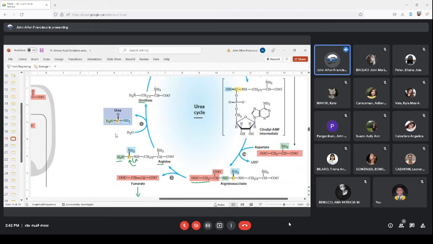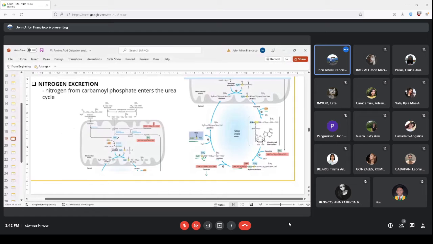Okay? So now you have your urea. So this urea is excreted in urine. So that is present in urine in our bloodstream para magpunta sa kidney, and it will be excreted as urine. Okay?